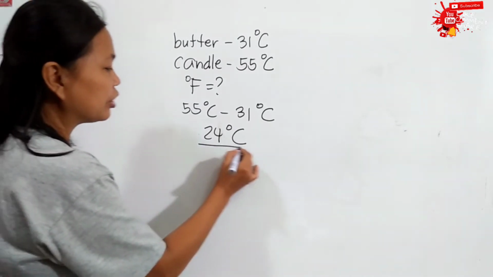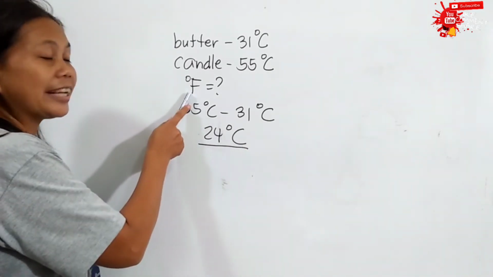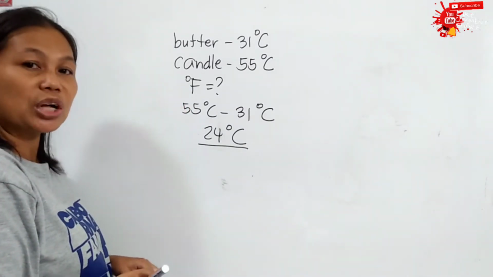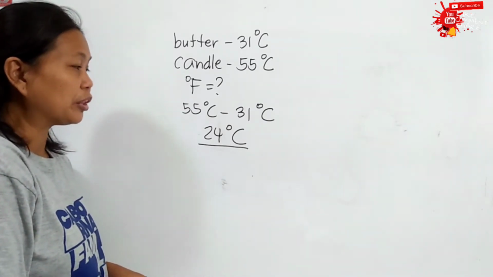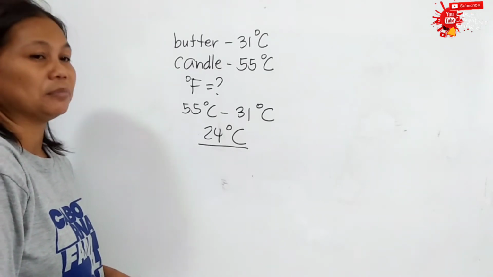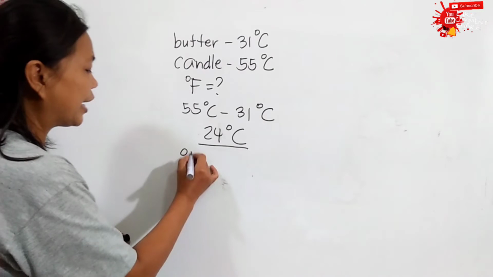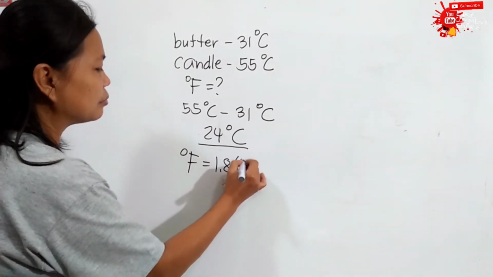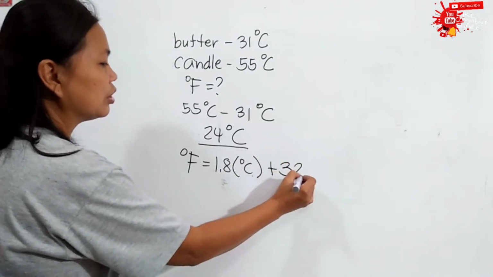And then we need to change 24 degrees Celsius to degrees Fahrenheit. What formula are we going to use to solve for this particular problem? We will use the formula: degree Fahrenheit is equal to 1.8 times degree Celsius plus 32.